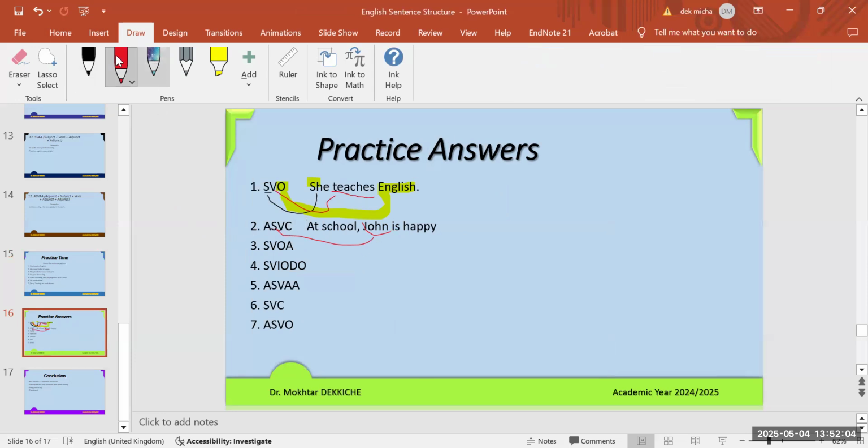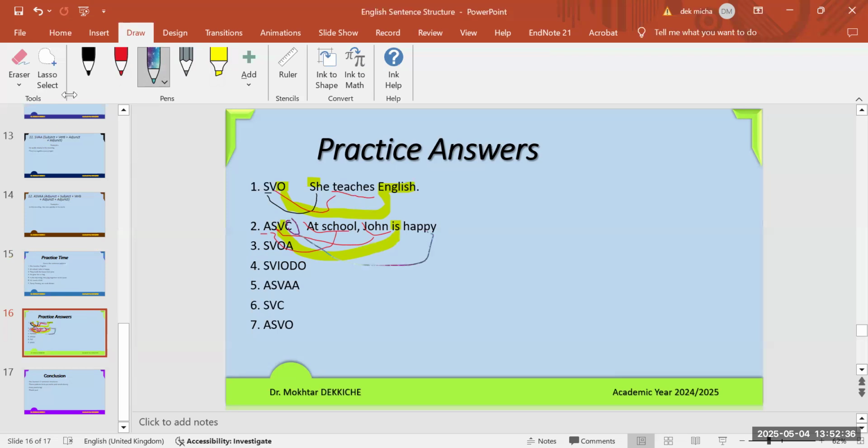Is is the verb. Where? At school is the adjunct. And the last one, happy, is the complement.